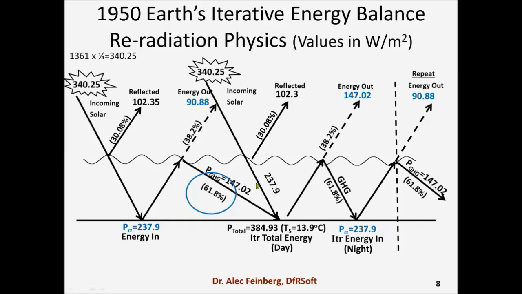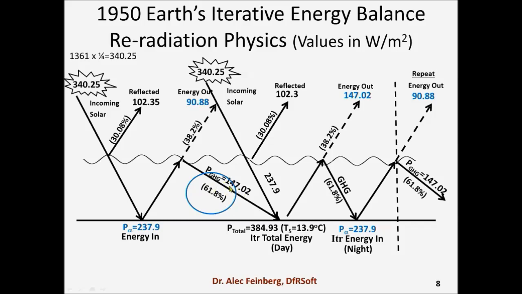Okay, so this diagram is very repeatable, and we get the 237 here, 237 here, as I mentioned, and the outgoing radiation and the energy balance keeps repeating, and that only happens for one specific value, and that's 61.8. So that turns out to be our first graphical solution.